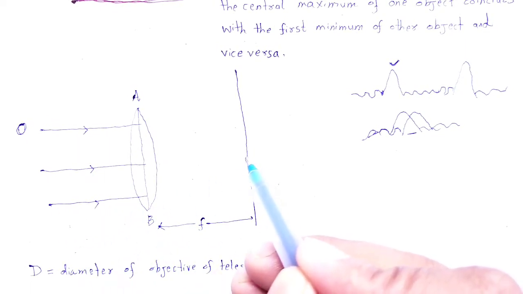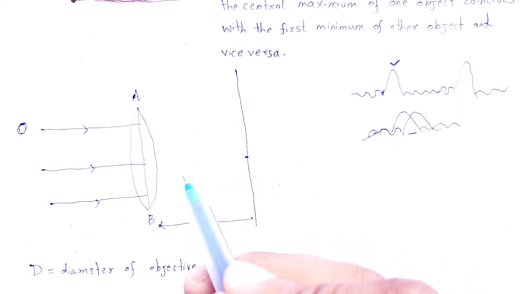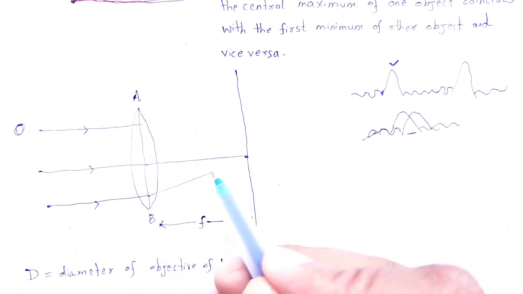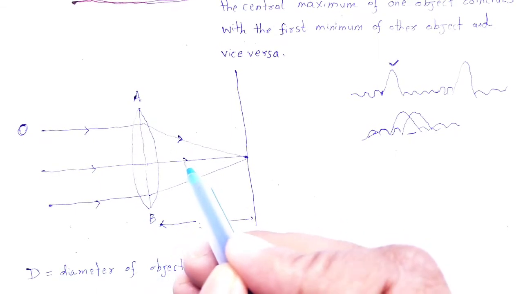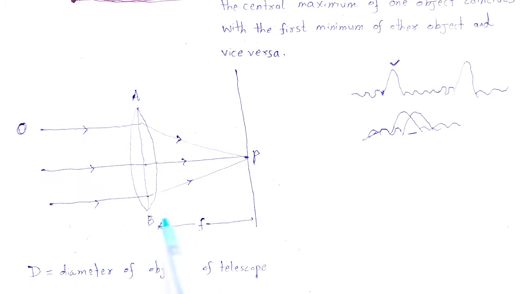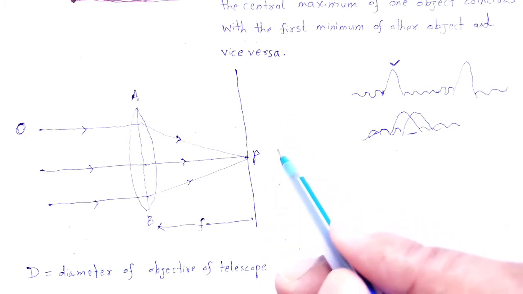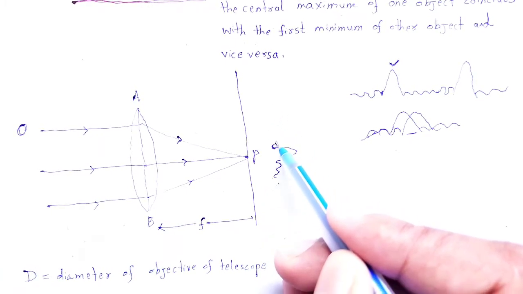These rays are focused at point P. Due to these rays, here we have an interference pattern, just like alternate dark and bright fringes.